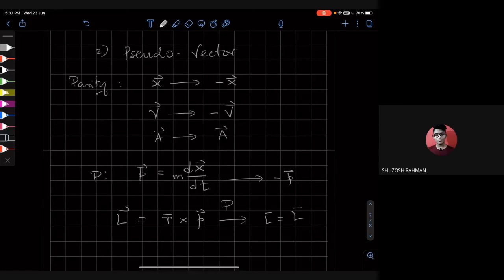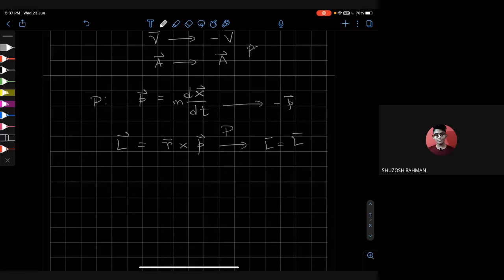So angular momentum is invariant under parity, and therefore it's a pseudo vector. Invariance under parity is the reason why it's a pseudo vector. Yeah, exactly. And it's also called an axial vector.